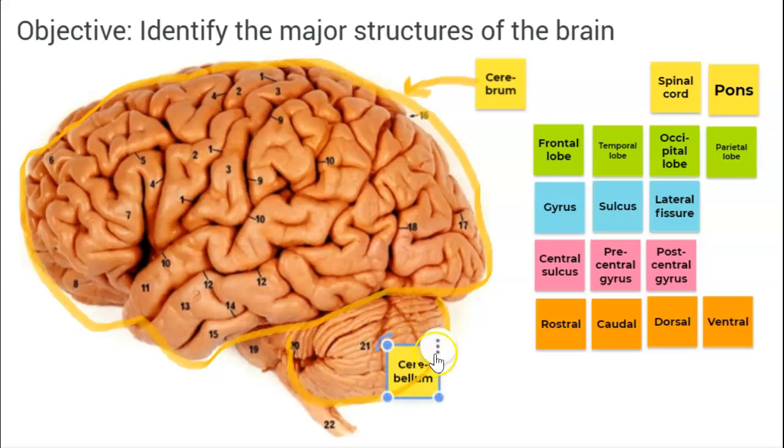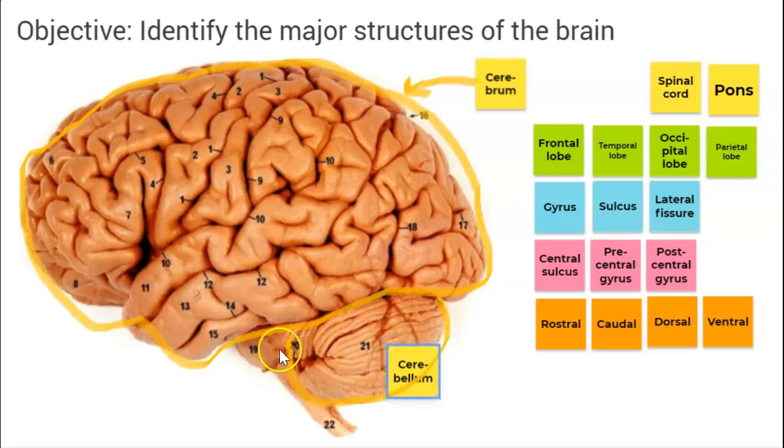So on this one, number 21 nicely refers to the cerebellum, and that's great. But numbers 18, 17, 14 and 15, those are numbers that we're not going to even focus on. So the numbers might help you in navigating this particular image, but you don't have to know all of the numbers.